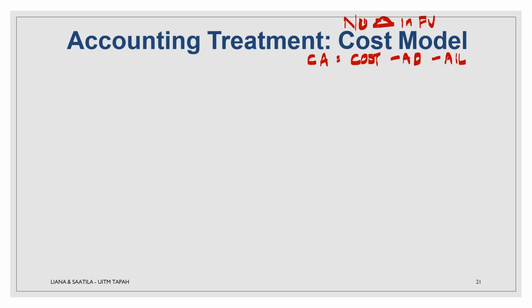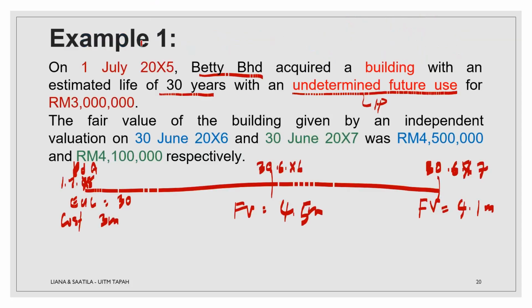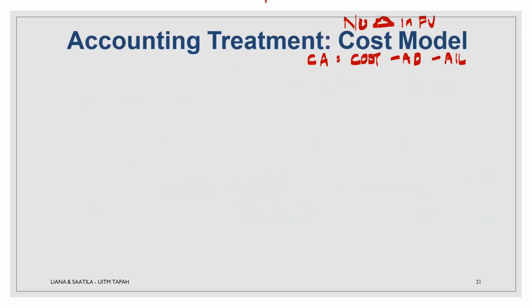So under the cost model, we will ignore the information on this fair value and on this fair value, because under the cost model you will continue to provide the depreciation here as well as the depreciation here. So you will still provide depreciation under the cost model.